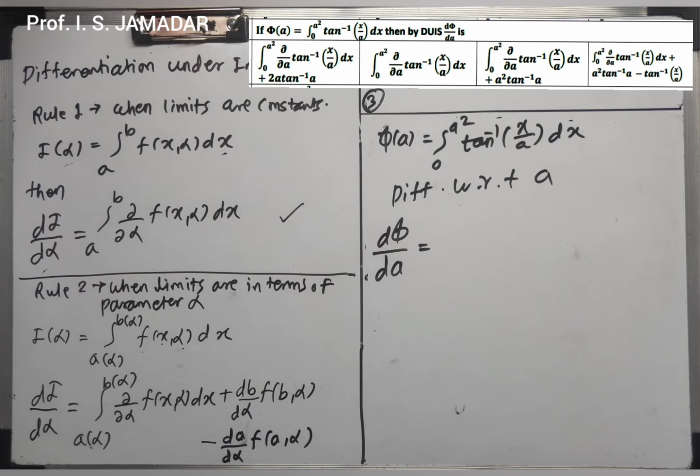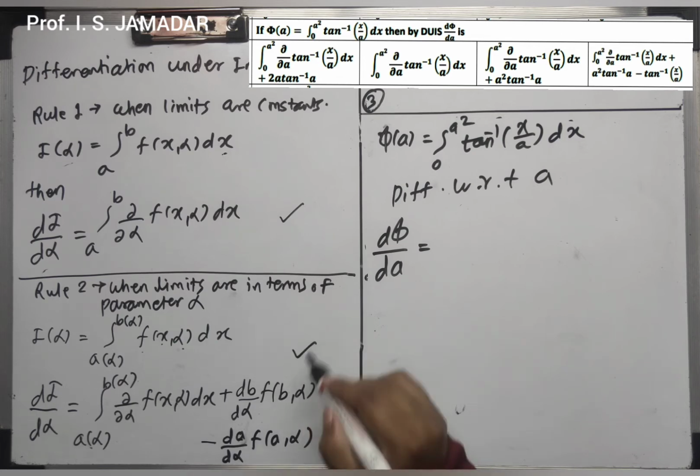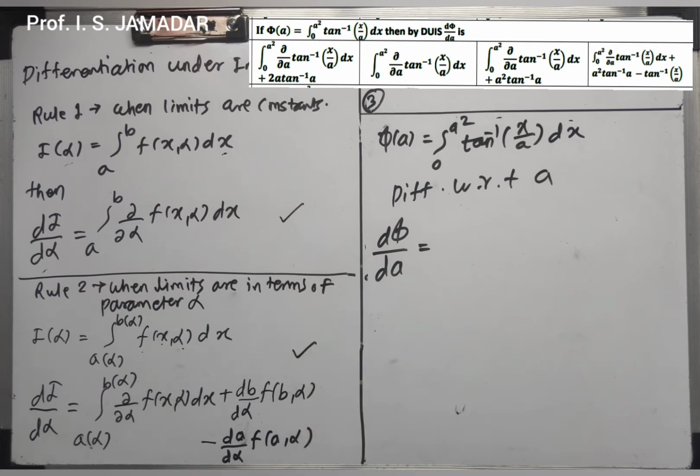Okay, what are the limits? 0 and a square. The parameter is a, the limits are not constant, means which rule we have to apply? Rule number 2. With f of x a instead of alpha, the rule we have written in terms of alpha, here the example is in terms of parameter a. So f of x a is tan inverse of x upon a.